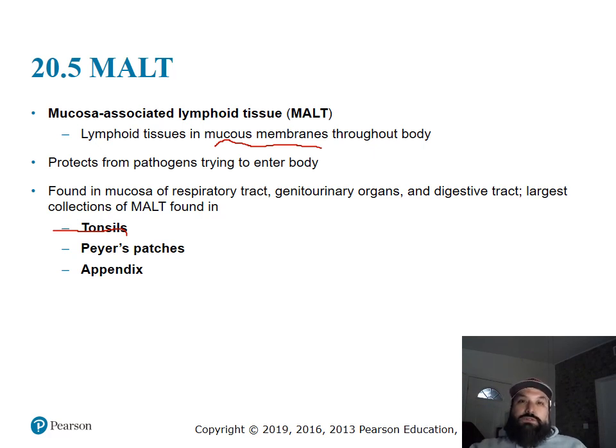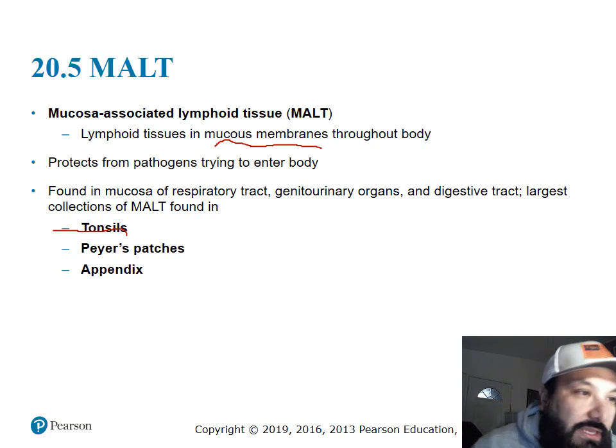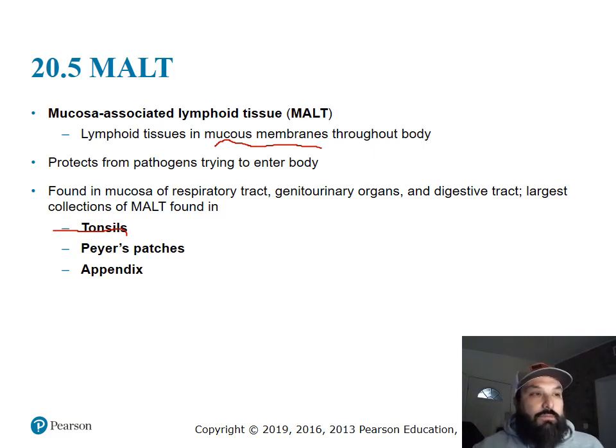Why do you have tonsils? Because you have a perfect place, the mouth, right? And the nose, by the way, where you could have pathogens enter, not only through the air that we breathe, but also with the food that we eat and what we drink, right?